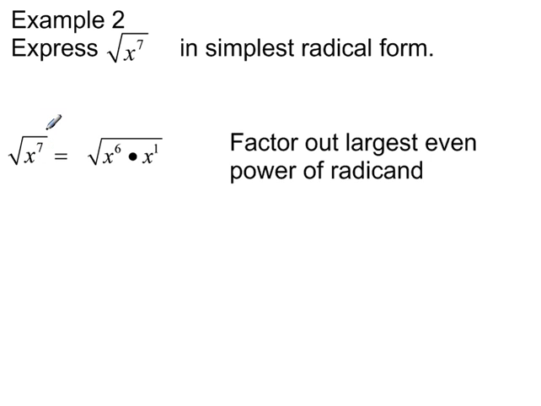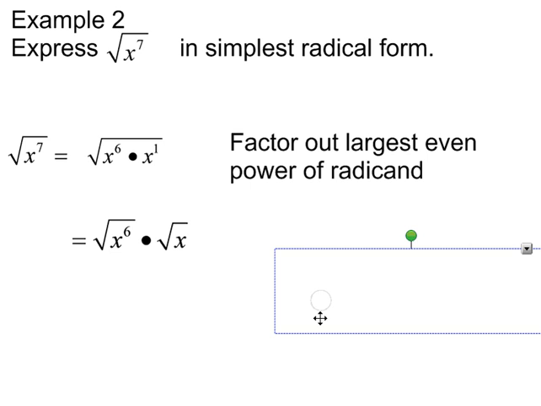So that's how you simplify radical expressions. When you have a variable raised to a certain power and you want to factor that radical, you just factor out the largest even power of the radicand. Okay, so let's rewrite this as separate radicals.